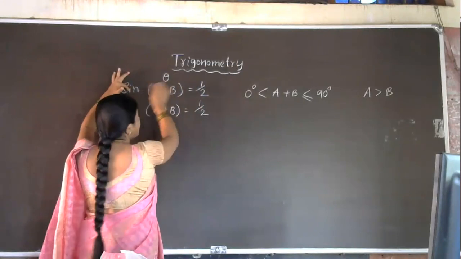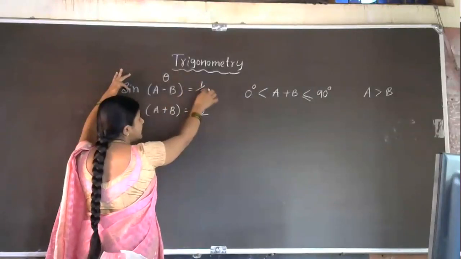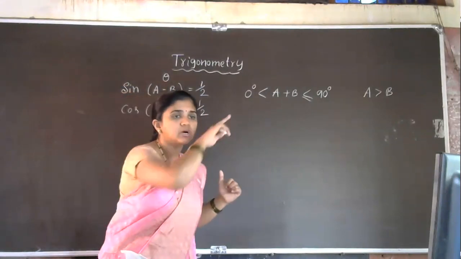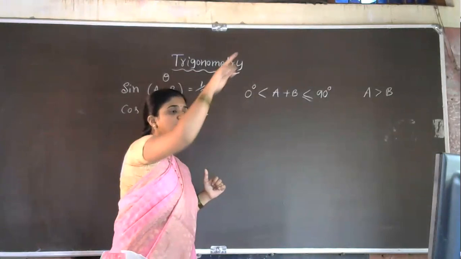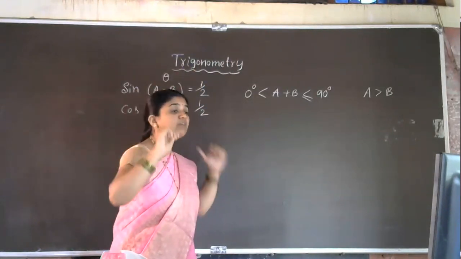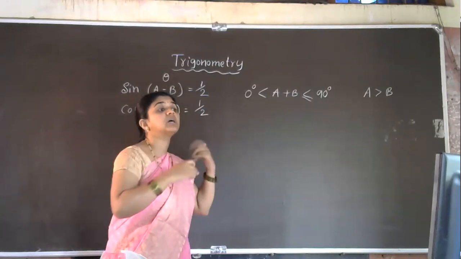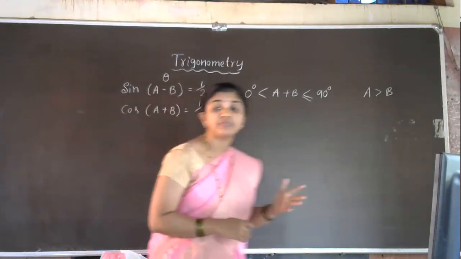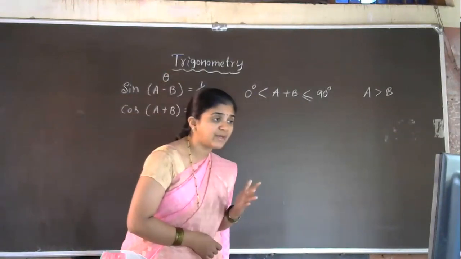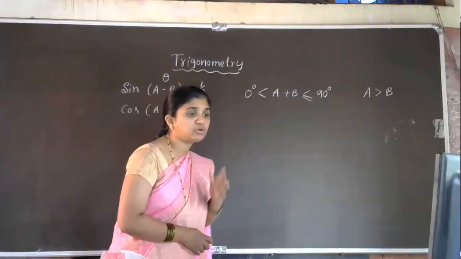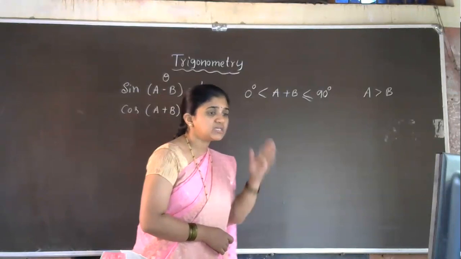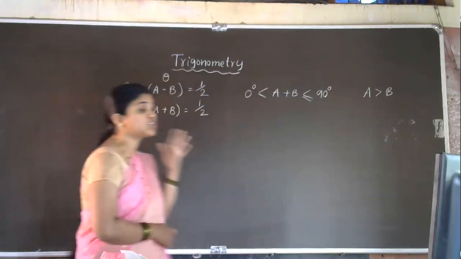Sine of which angle becomes half according to the table? Observe the sine line: sine 0, sine 30, sine 45, sine 60, sine 90. In which angle are you observing half? Sine of 0 degree or sine of 30 degree? Yes, sine of 30 degree is equal to half.